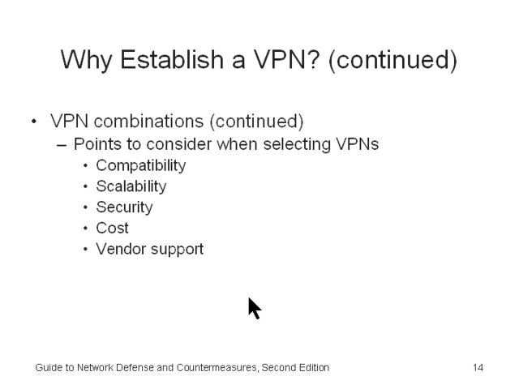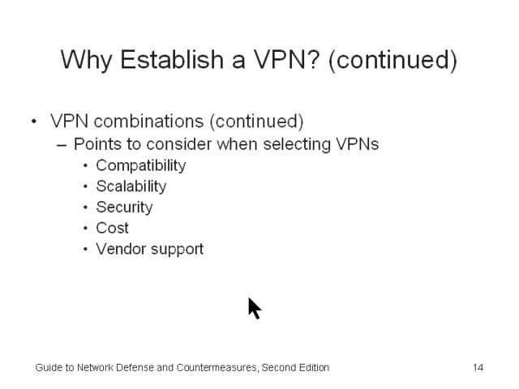Some of the things you need to determine when selecting a VPN for an organization or yourself: first, compatibility. Are you going to be working with other organizations that already have VPN software? If it needs to be compatible, then your choices will be limited.